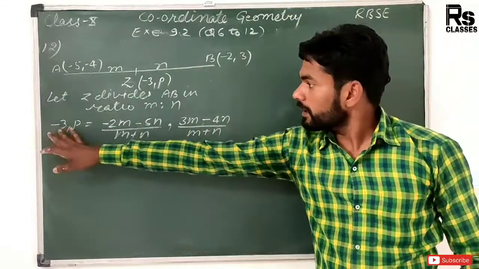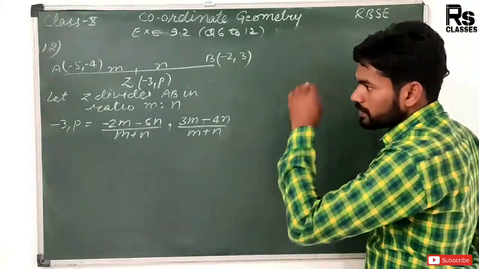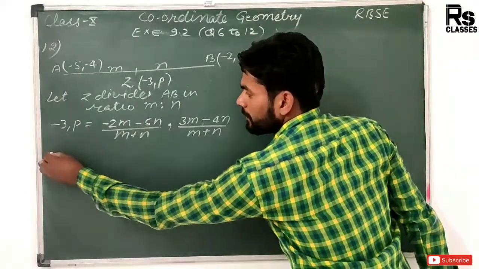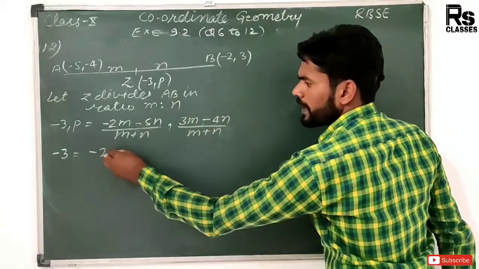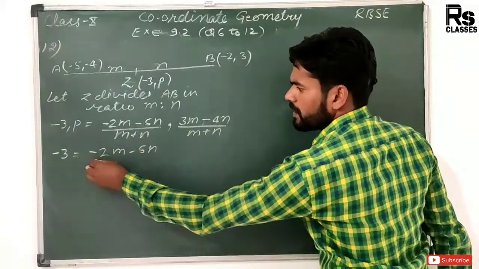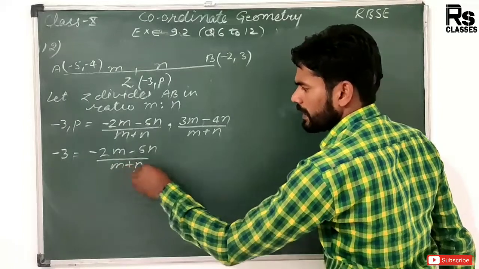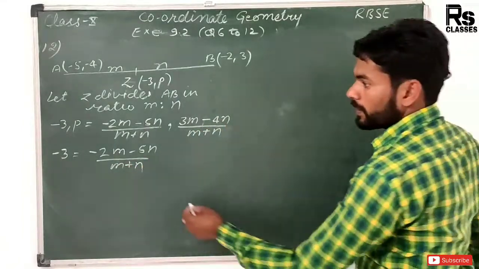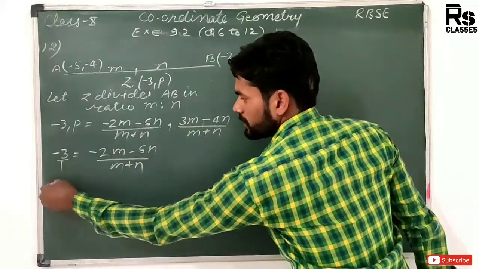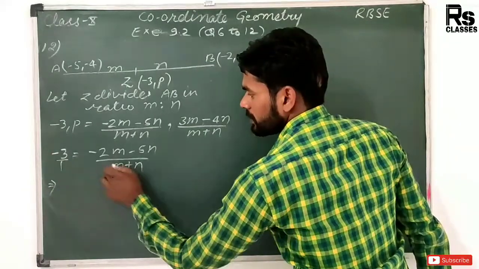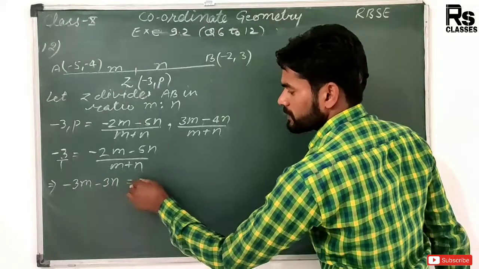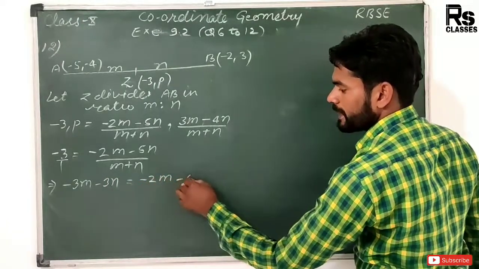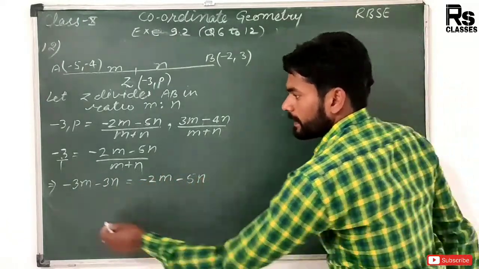Again, compare both the values. So on comparing, -3 is equals to -2m minus 5n upon m plus n. Let's suppose denominator is 1. On cross multiplying, it will become -3m minus 3n is equals to -2m minus 5n.